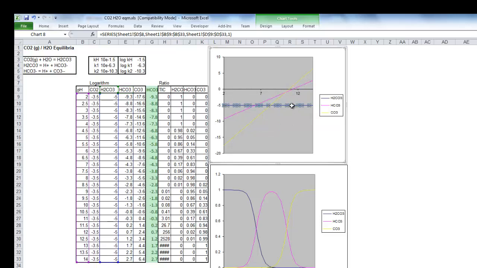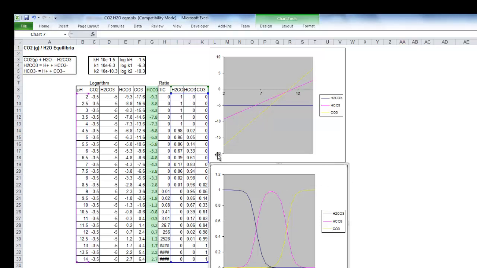The H2CO3 is unaffected by pH, and so is a straight line of zero slope. So that's a graph that you can expect to see in a textbook, which shows the concentration of these inorganic species with change in pH.